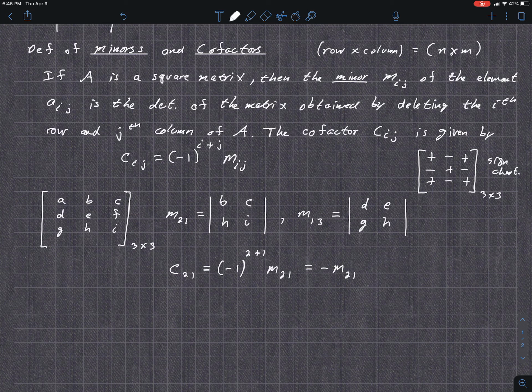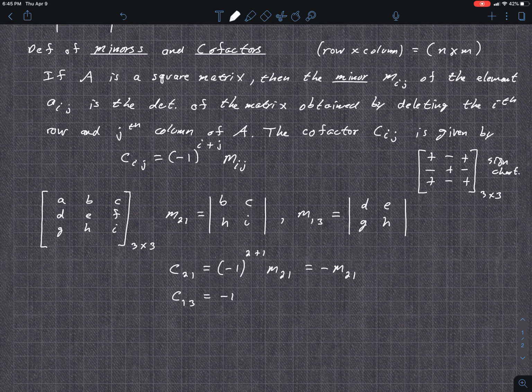So that sign is going to be negative, so it's negative M21. If you use the sign chart I did on the side there, you get the -1. So 1, 2, and 1, this d corresponds to that negative, which is this negative. Okay, so either way.